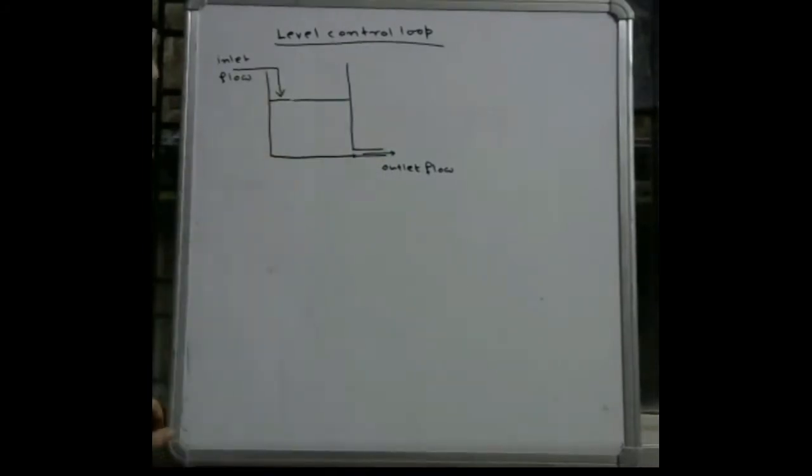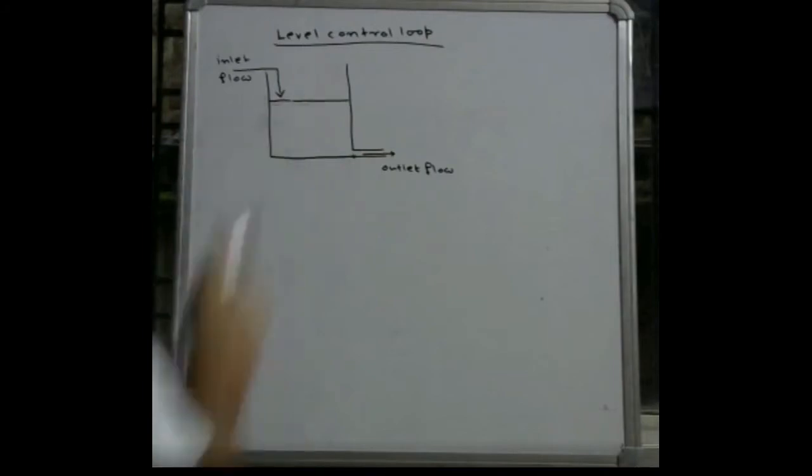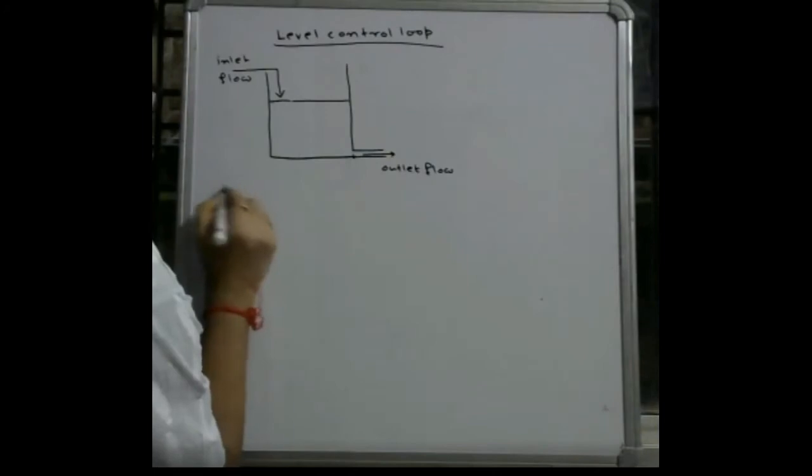That's why this type of level control loop is normally used in various types of processes. Our intention is to control the level of water inside this tank to a desired value. So our target is level control.